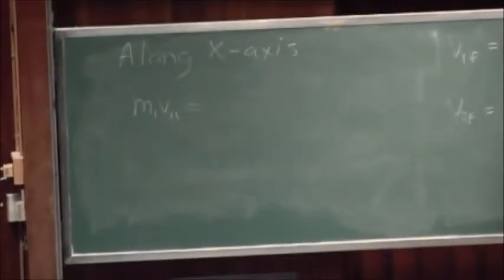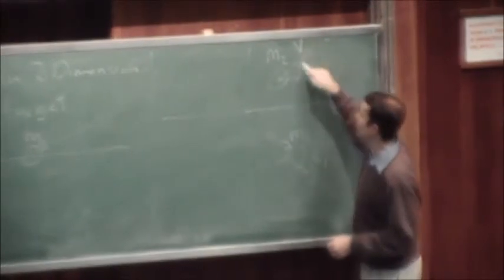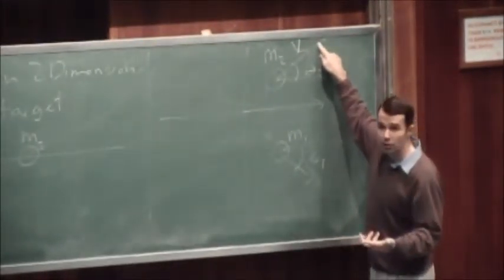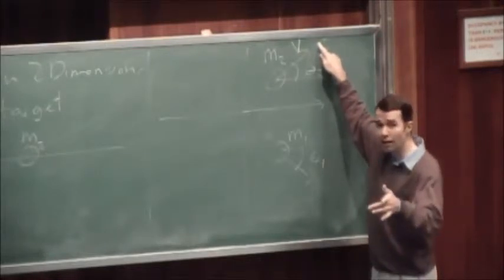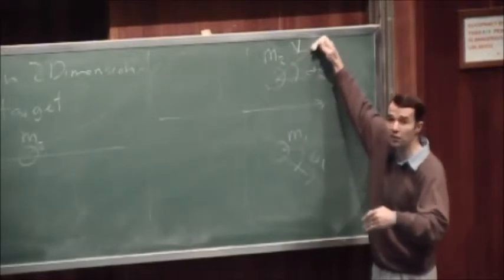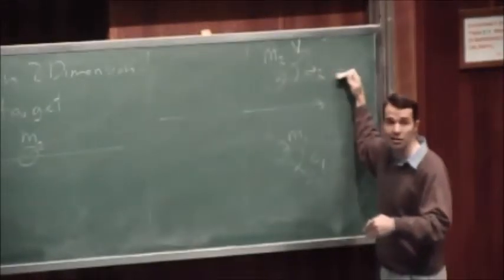Okay, so I'm going to have M2 V2. So this is my velocity vector going off like this, right? V2 cosine of theta, since the cosine is the projection of this vector along the x-axis.